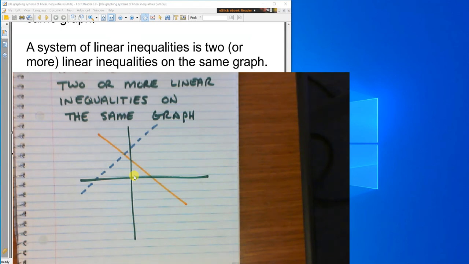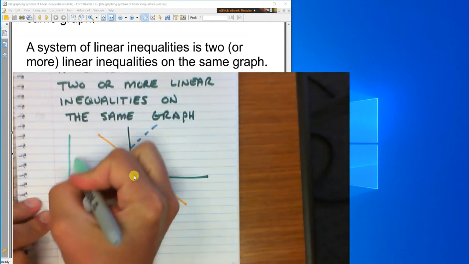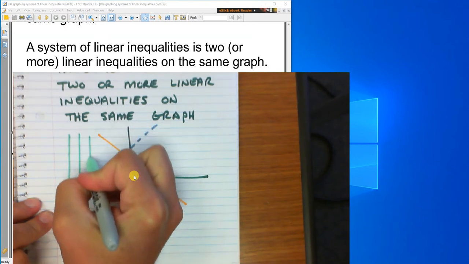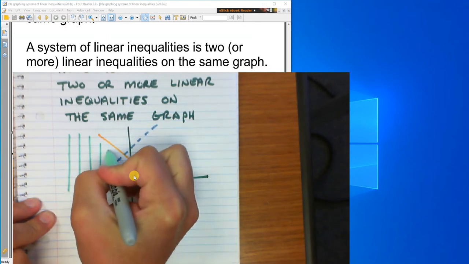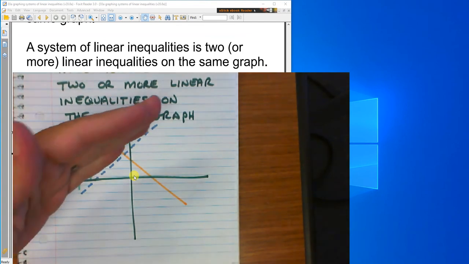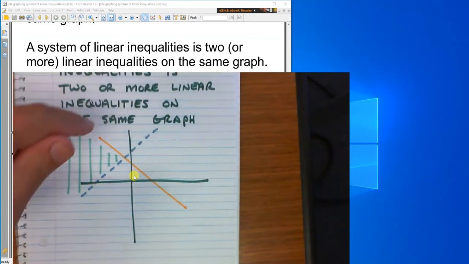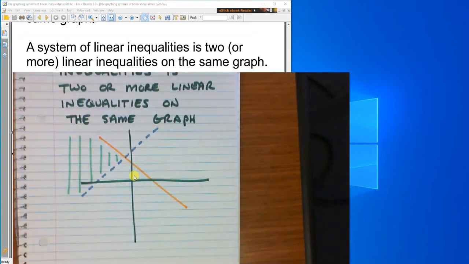And then a shaded region. This is a system of linear inequalities. In the last lesson, you just did 1 line and you shaded. This one, it's going to be 2 lines, and then you're going to shade 1 of those areas.